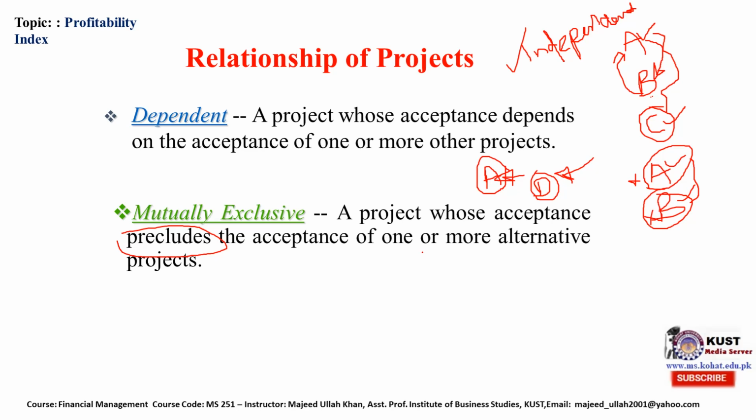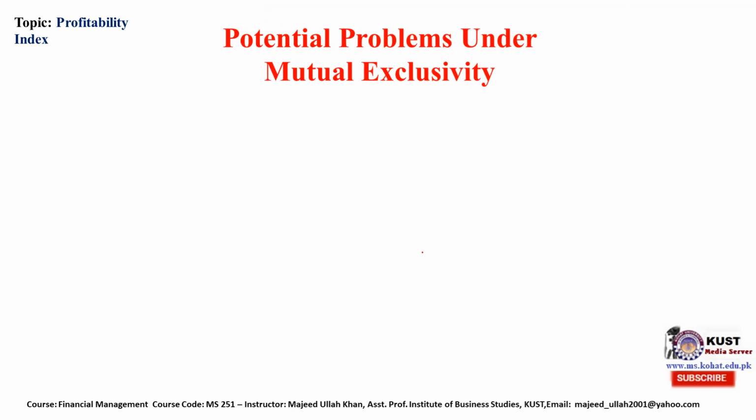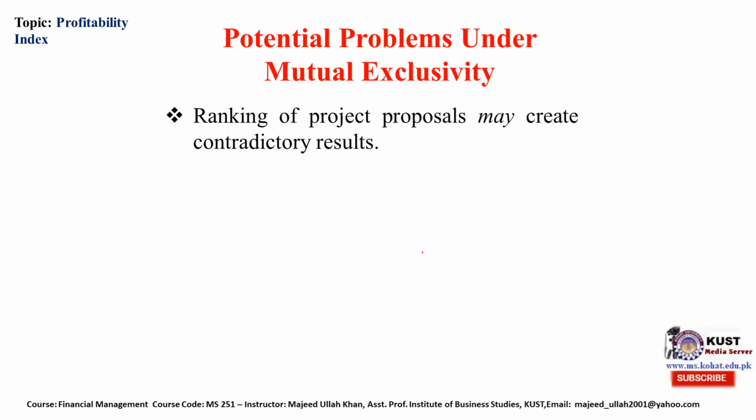Now we will discuss some issues in mutually exclusive projects in the coming slides. What are the potential problems in mutually exclusive projects? First of all, ranking of the projects may create contradictory results. How will we rank the project proposals? Let's suppose on the basis of NPV, we can rank them.